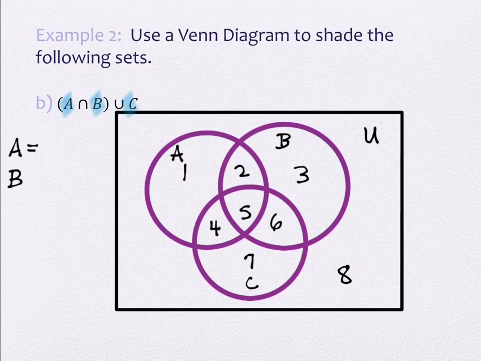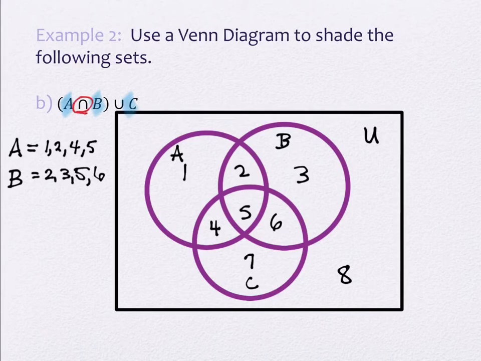So looking at set A, what numbers are inside of set A? 1, 2, 4, and 5. In set B, what numbers do I have? 2, 3, 5, 6. Somebody said 4, but it's not. There's not a 4 in that one, right? Just 2, 3, 5, 6. Okay, good. So inside my parentheses, I did the two individual pieces, and now I have to combine them with the operation it says.